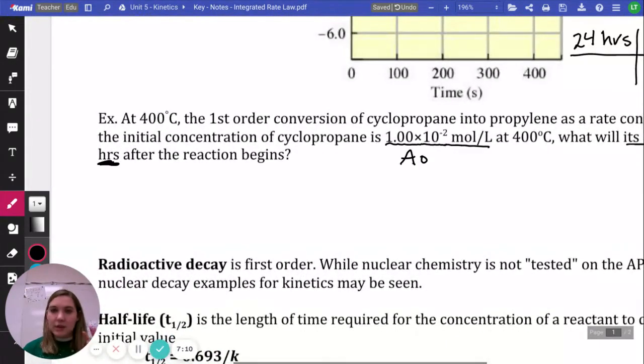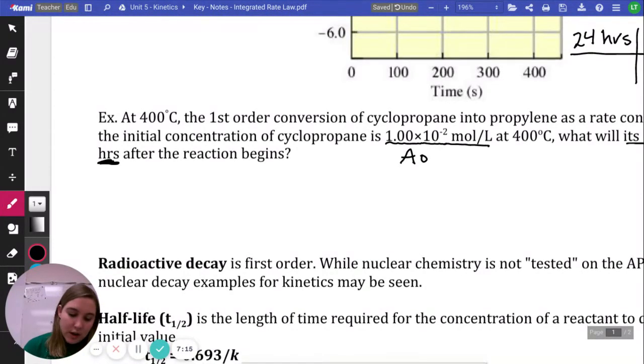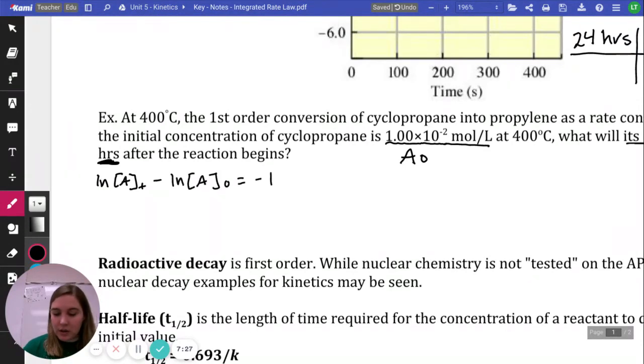Our normal equation, I'm just going to pull it from the AP formula chart, is the natural log of the final concentration minus the natural log of our initial concentration is equal to negative KT. So I want to solve for final concentration. To solve for that, I'm going to add the natural log of my initial concentration to both sides.